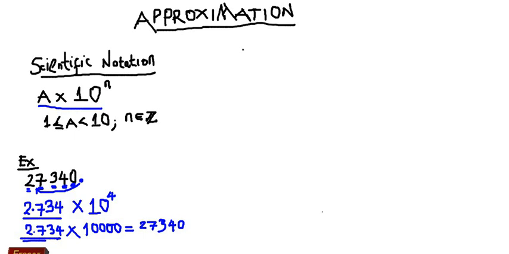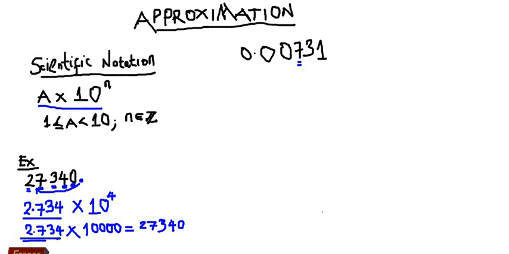Another example is if we have, for example, 0.00731. If we want to write this number in scientific notation or standard form, again we look for the first non-zero digit. The first non-zero digit is 7.